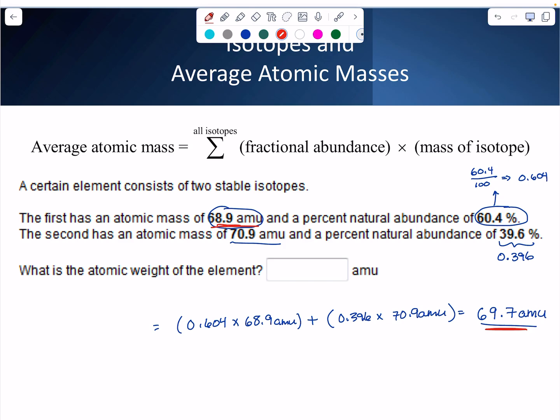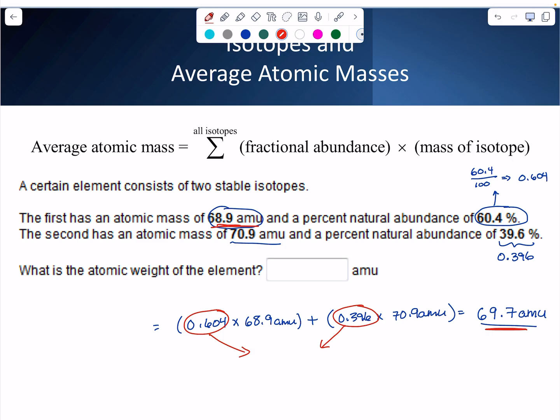Thing number two is remember that our fractional abundances, those two fractions, or 3 or 5 if we have 5 isotopes, those numbers should add up to 1. Okay? The fractions should all add up to a whole.